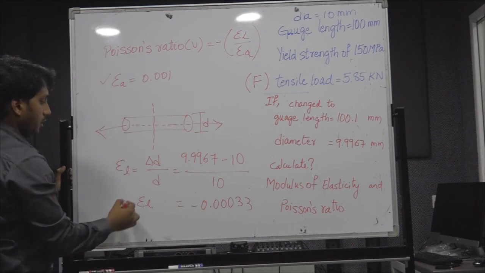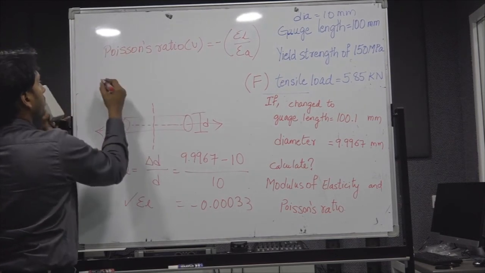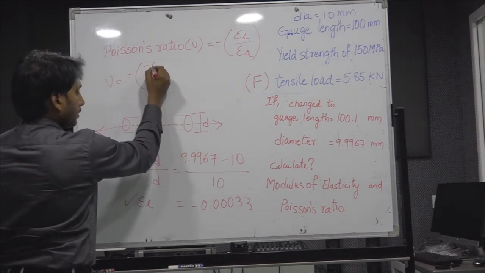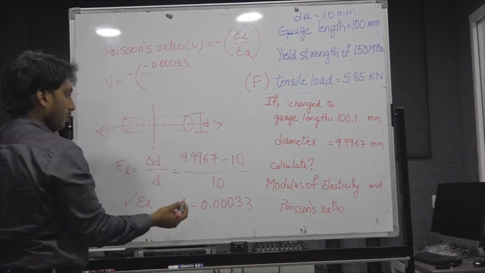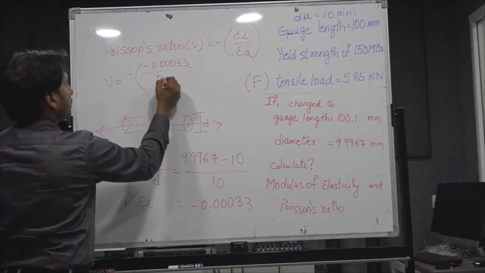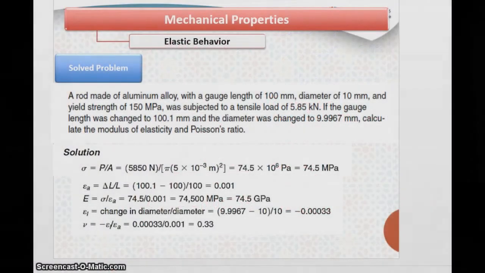So you know axial strain and you know lateral strain. So here we calculate Poisson's ratio V is equal to minus lateral strain 0.00033 over axial strain. Axial strain is 0.001. If you solve this equation, finally you are getting this Poisson's ratio V as 0.33.